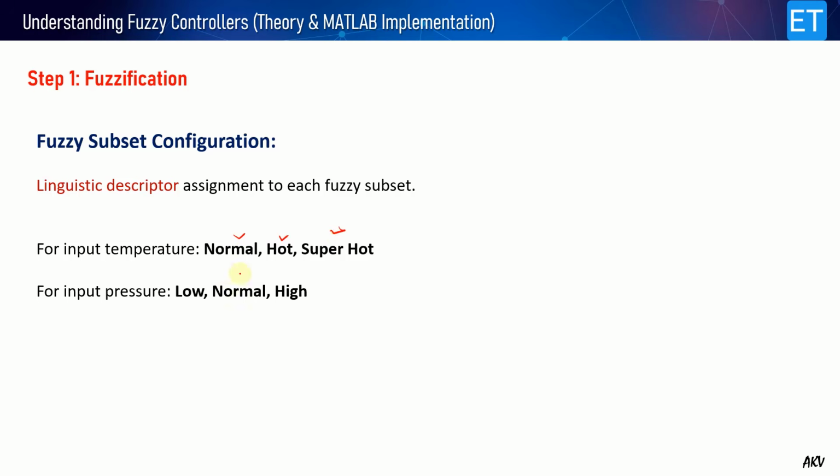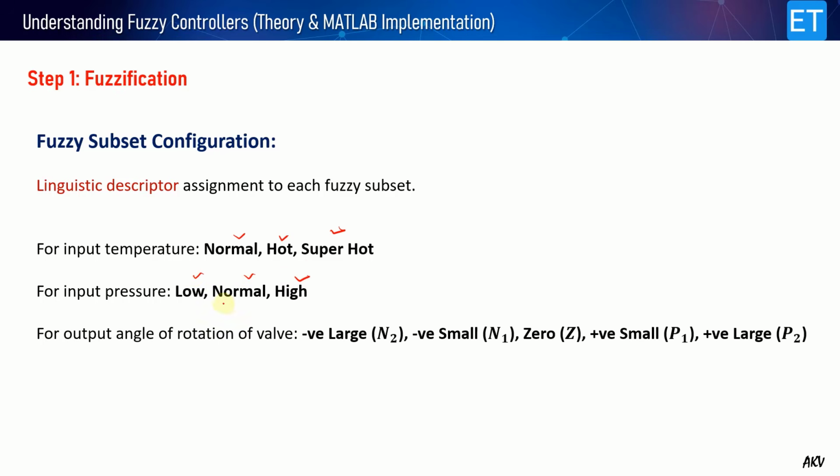For pressure, we are taking low, normal, and high. For valve rotation angle, we have taken a total of 5 linguistic descriptors: 0, that is Z, and then for left side rotation, negative small N1 for small rotation, or negative large N2. And for right side rotation, positive small P1 and positive large P2.